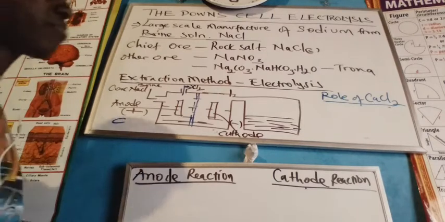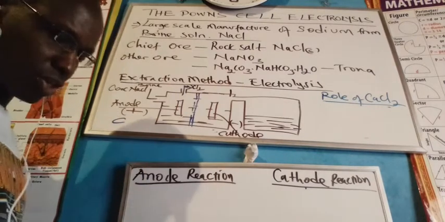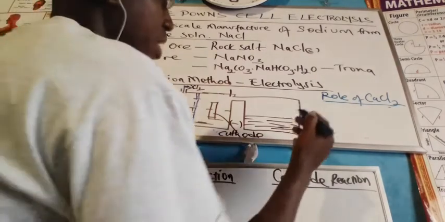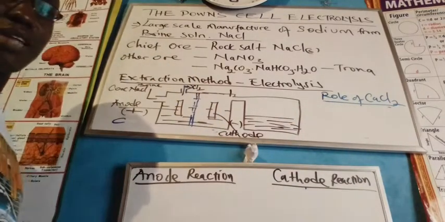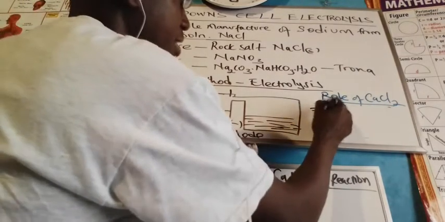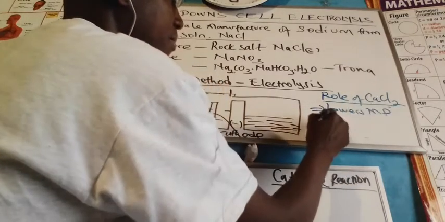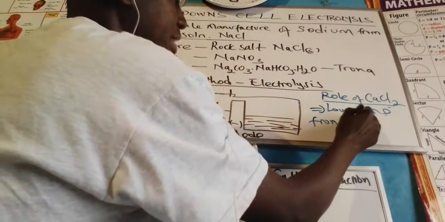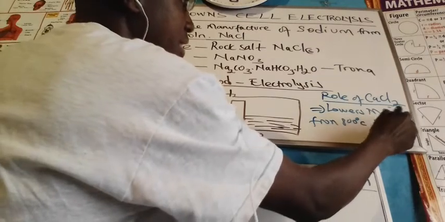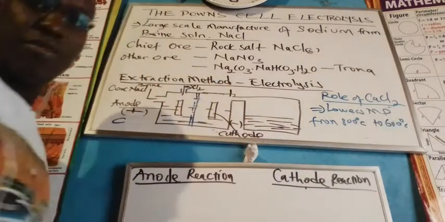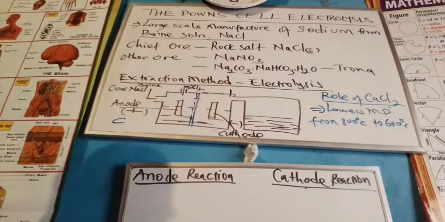However, the melting point of sodium chloride as rock salt is high and has to be lowered by treating it with calcium chloride. So calcium chloride lowers the melting point from 800 degrees Celsius to 600 degrees Celsius, a convenient temperature for electrolysis.